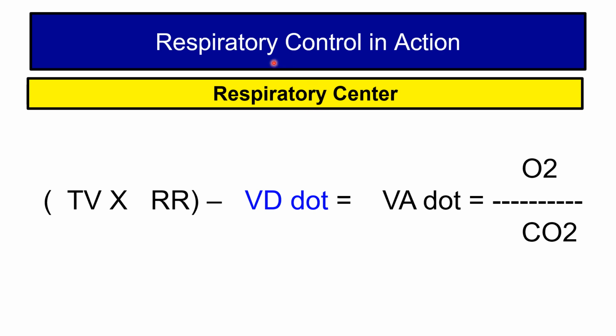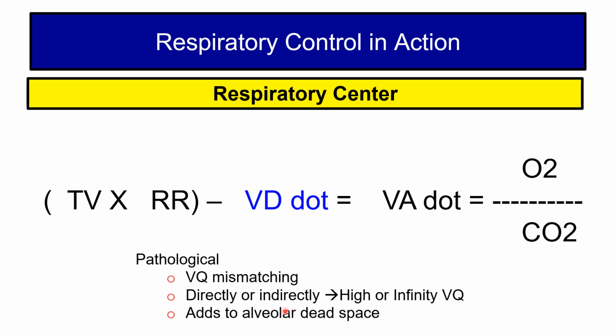So let us look at the respiratory control in action. We are familiar with this equation here. Then let's see how the respiratory center will adjust when there are changes in these variables. For example, there will be pathological conditions which may cause V/Q mismatching. And as we mentioned, if there's V/Q mismatching, there's increased physiologic dead space ventilation.